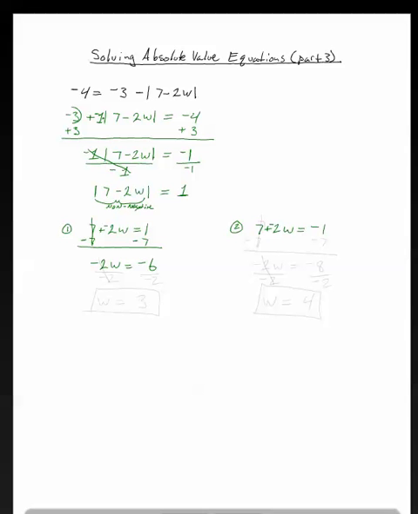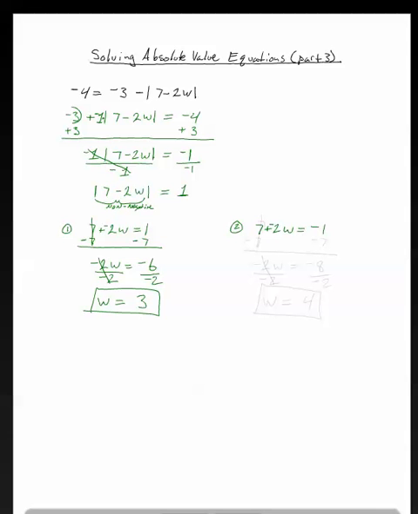And then finally, to get rid of the -2, that's -2 times w, so I would have to divide by -2 on both sides. -2 divided by -2 is 1, so that cancels, and I have w equals -6 divided by -2 is +3. So there's my first solution.